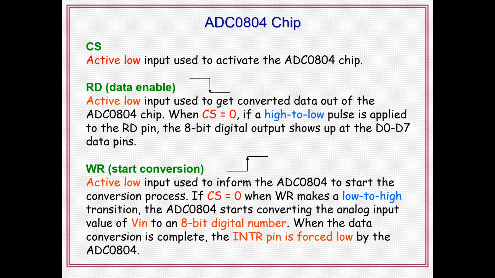And the next one is the write operation. Here is the write bar signal. It is also known as start of conversion. It is also an active low input used to inform the ADC to start the conversion process.